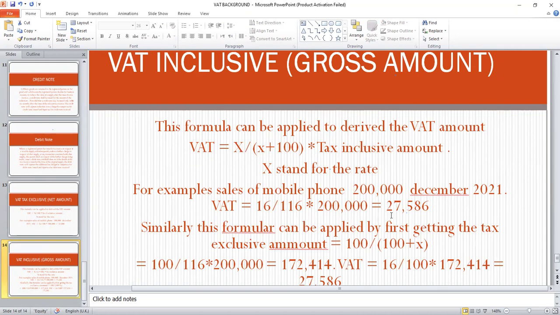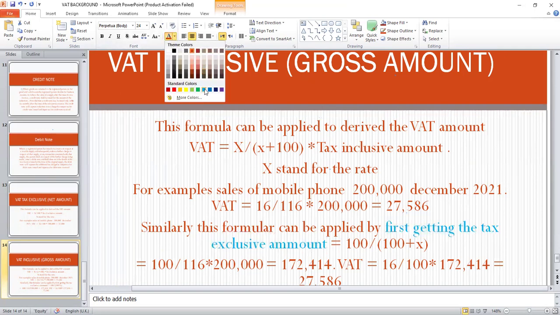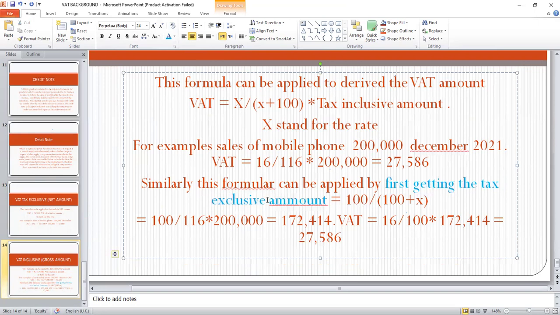Instead of applying this formula, you can also first get the tax exclusive amount, so that you can apply the rate directly.